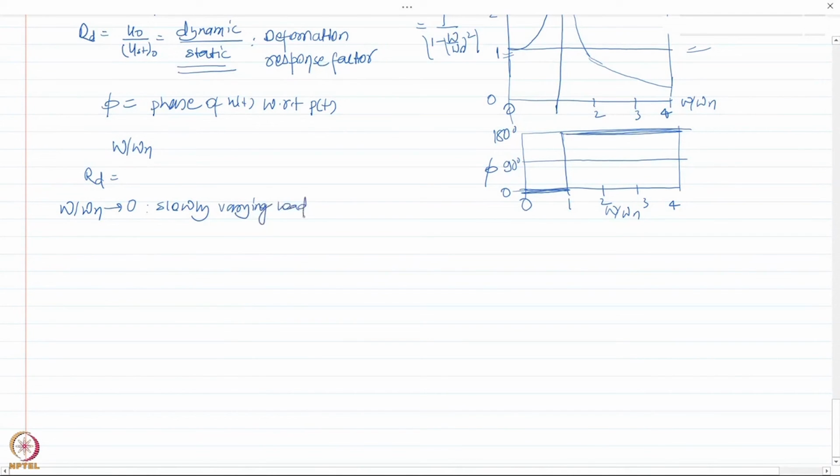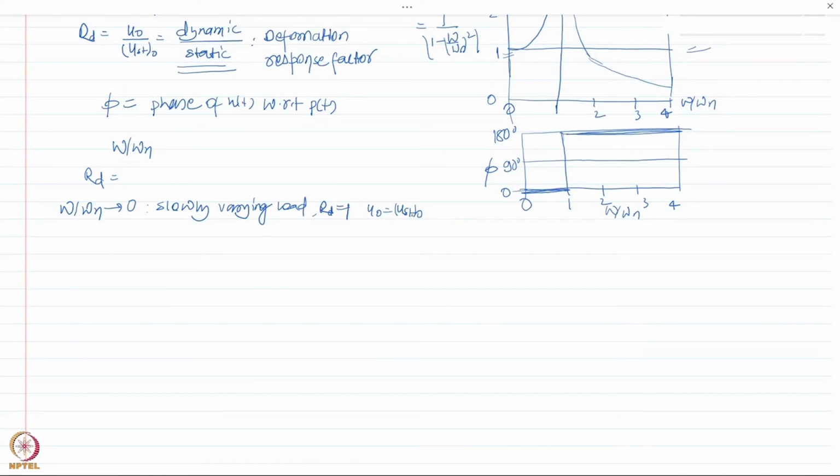Okay, it is a slowly varying load, and in that case RD is equal to 1, or dynamic displacement is equal to static displacement. So if the load is applied very slowly, we do not see any amplification in the system with respect to the static displacement.